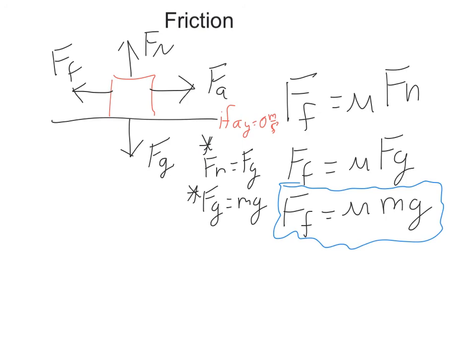The only reason I can make those substitutions here is again because we are saying that the object is not accelerating in the y direction. Therefore, these two forces in my free body diagram are equal to one another in terms of their magnitude.